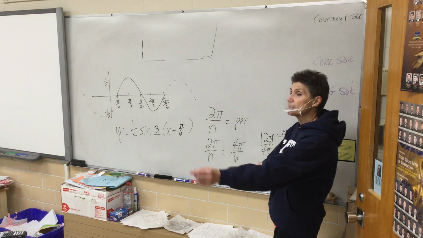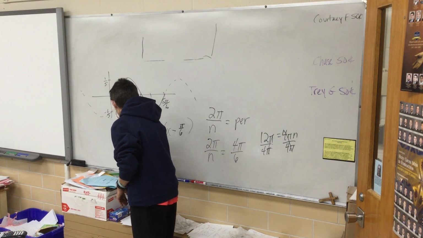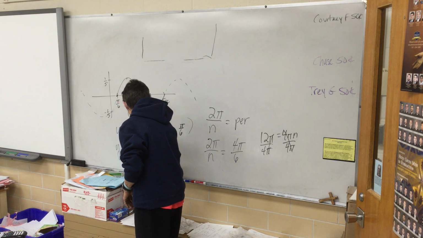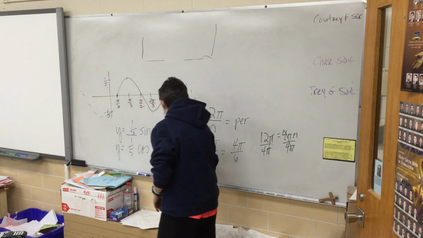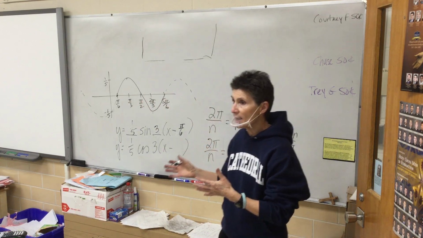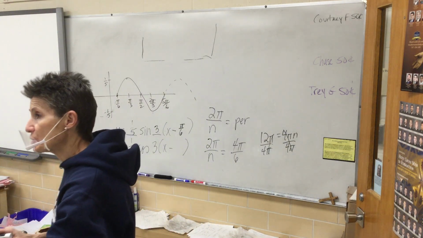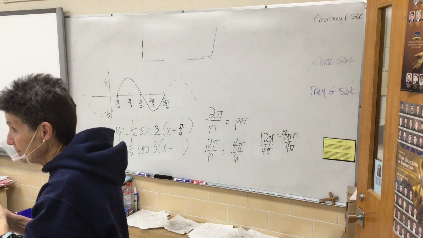Now, you want the really good news now? You're going to write a cosine equation. The 1/5 is going to stay. The 3 is going to stay. The only thing that changes, if you think about this as a cosine, amplitude doesn't change, period doesn't change. The only thing that changes is where do you start it?